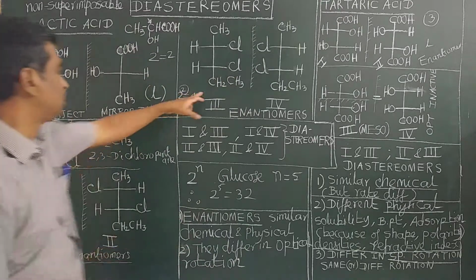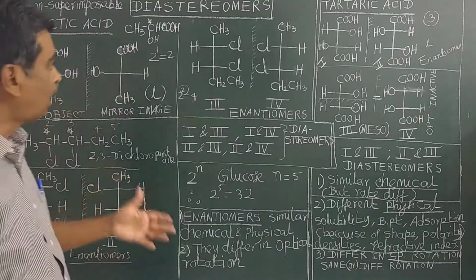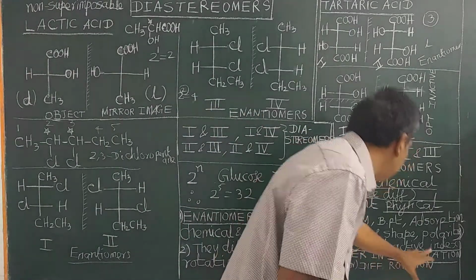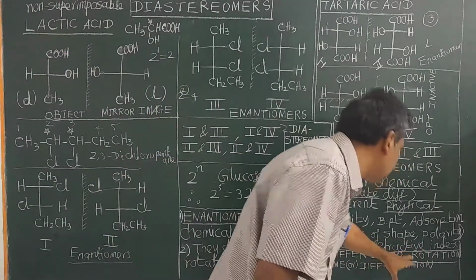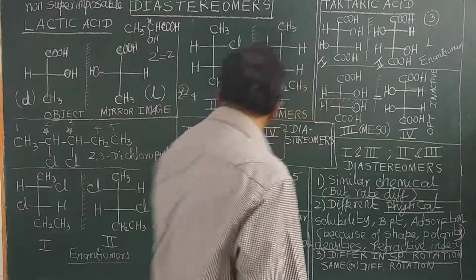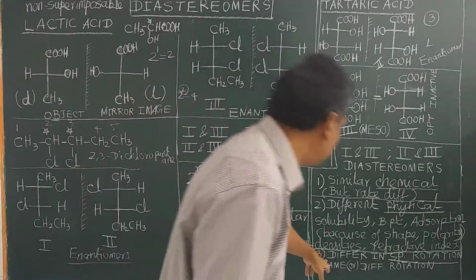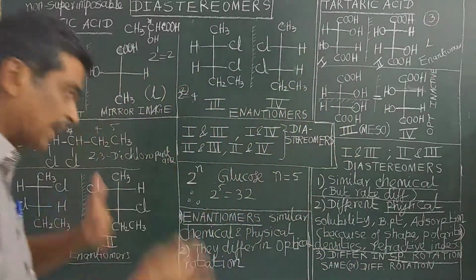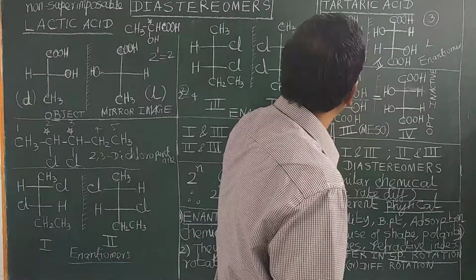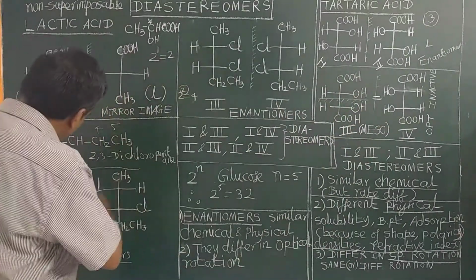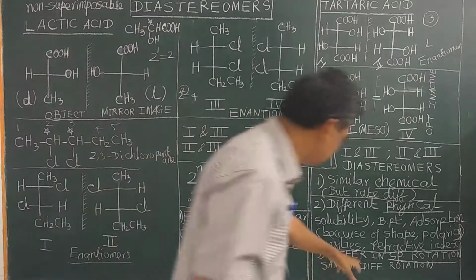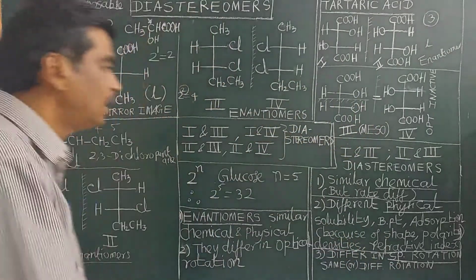So you can distinguish, since diastereomers differ in specific rotation by angle. This will rotate more and this will rotate less. Same direction, same sign, but different magnitude. Sometimes the same rotation: 1 is clockwise, 3 is also clockwise. So same optical rotation or different optical rotation.